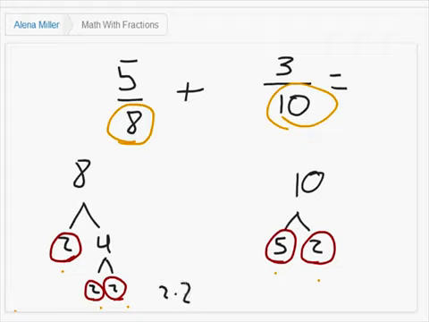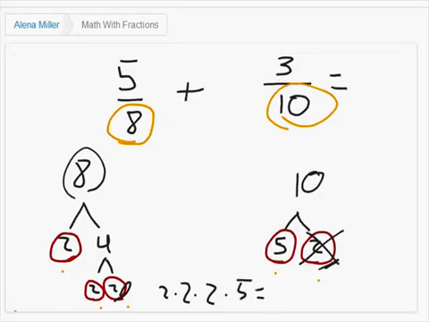2 times 2 times 2 from 8. But then there's a 2 in 10. So you exit out and you don't use it because it's making up for one of these 2's. But you do use the 5. So you do times 5 equals.